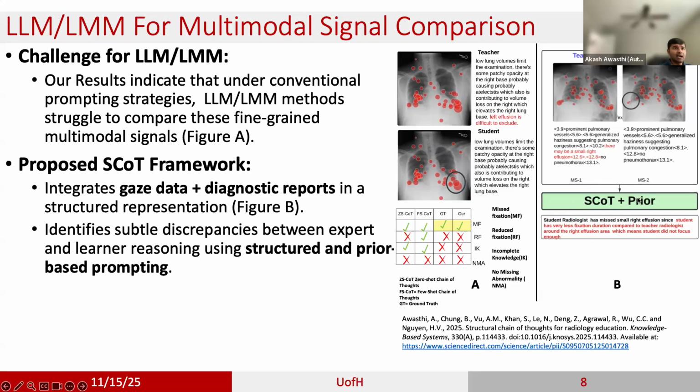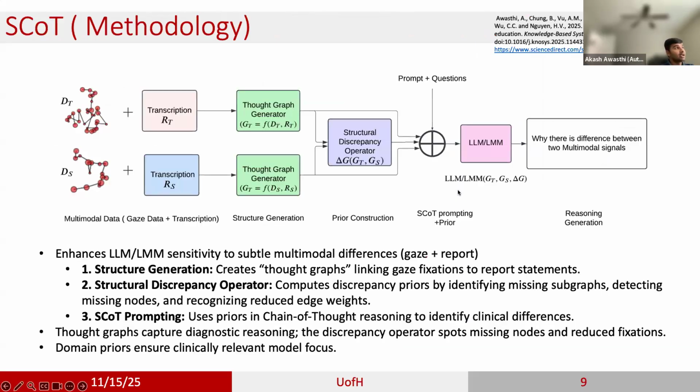We want an LLM or LMM or any large model to compare these two multimodal signals, but due to the heavy prompt, the model gets confused, because the differences are very subtle, like a difference in the number of fixation points. It has to reason deeply, which doesn't happen with the current prompting strategies. So we have to come up with something new so that it can do this deep reasoning.